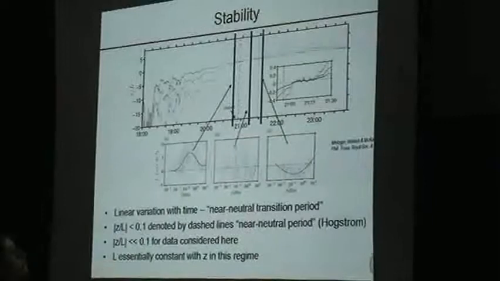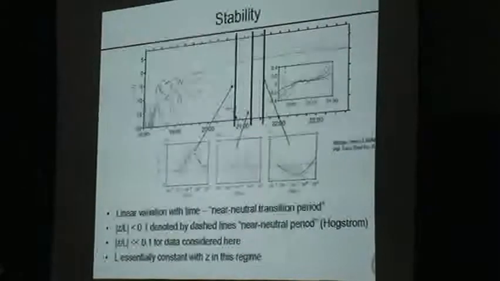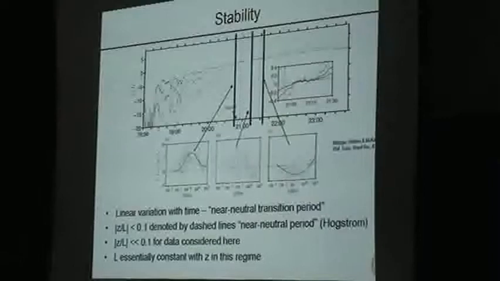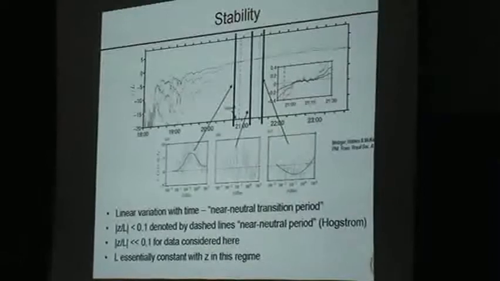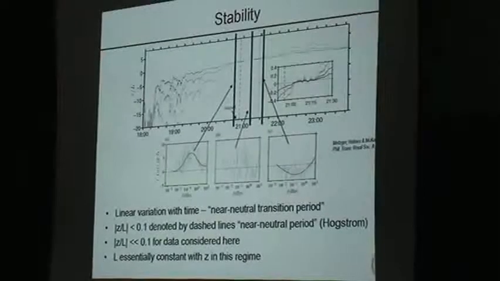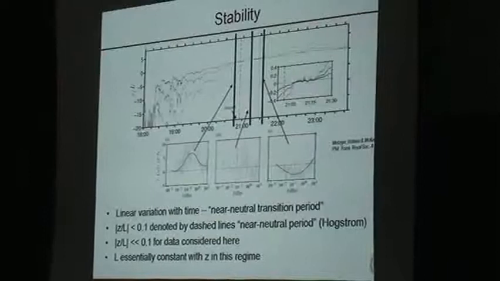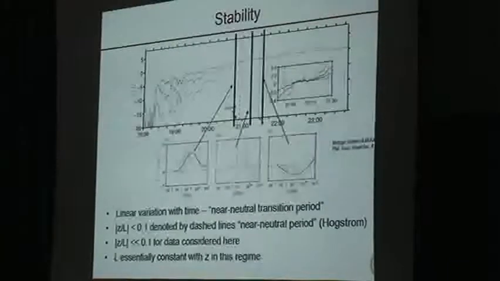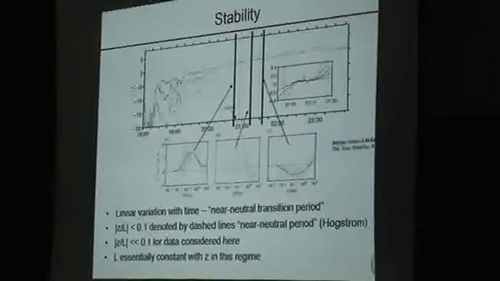And in this region that we really identify as near thermally neutral, there's essentially 0 heat flux. Okay? So we really are in a mechanically shear-driven regime. The other thing that's quite interesting is once you get close to the transition, you see something that's close to linear with time either side.